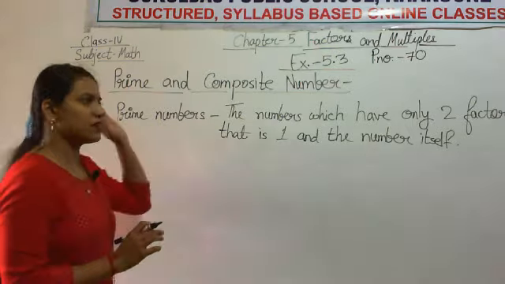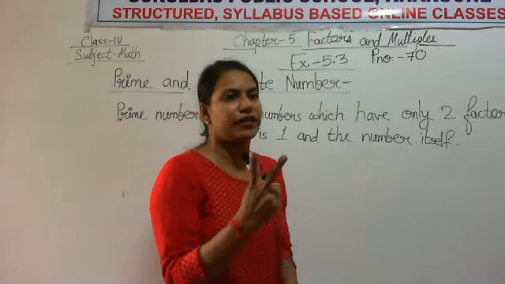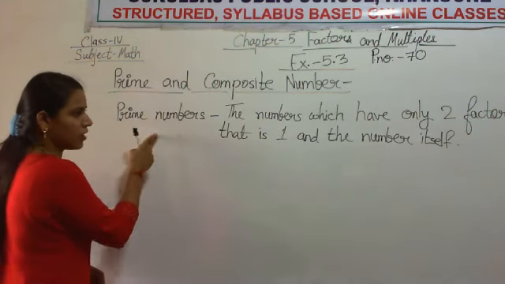What are prime numbers? It is the definition of prime numbers. We remember the numbers which have only two factors are known as prime numbers.